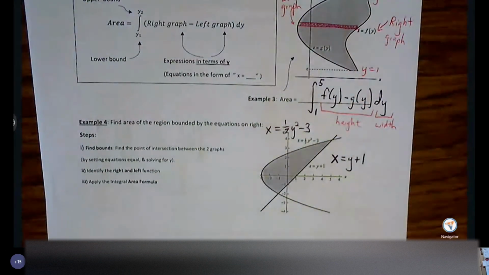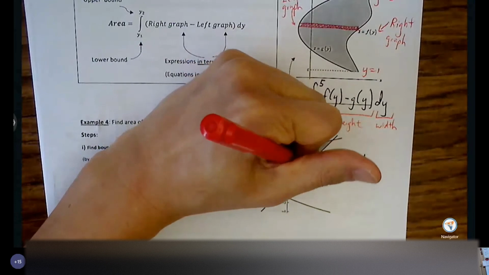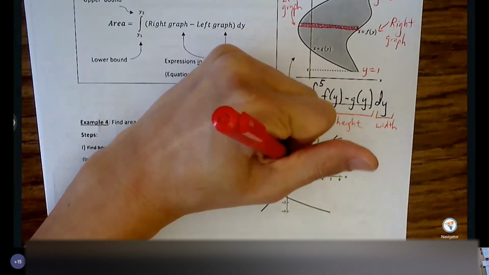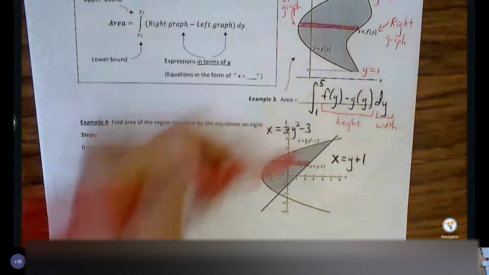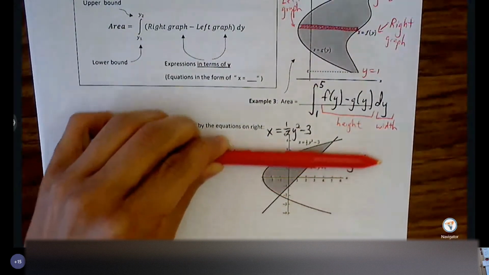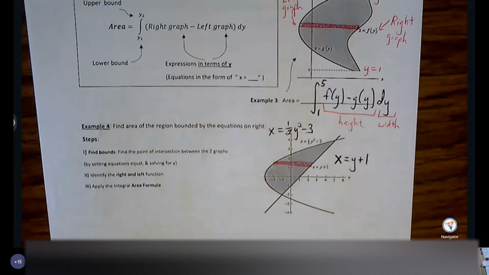Okay, I'm going to draw a representative rectangle that connects the distance between them. You can imagine we're basically stacking infinite numbers of these horizontal rectangles from the lowest point to the highest point, and they're all of various lengths, but they're infinitely thin.